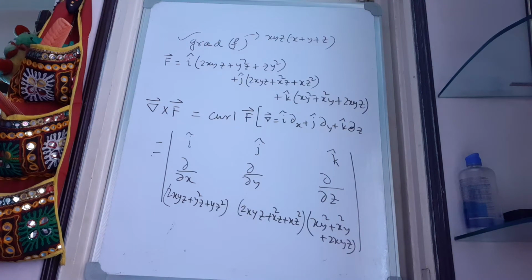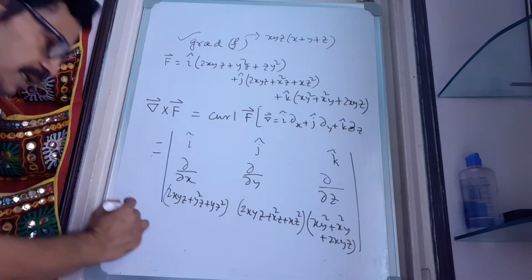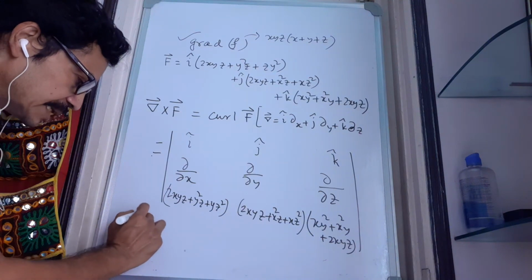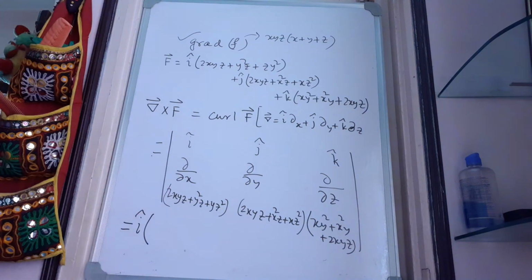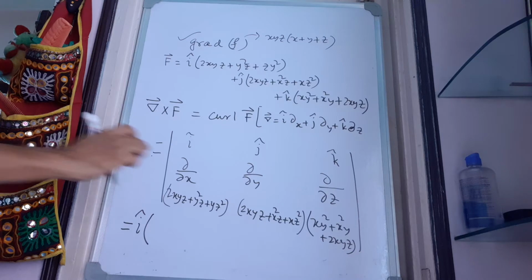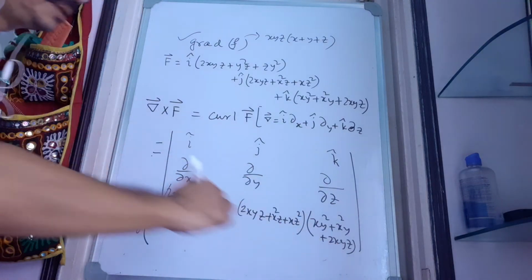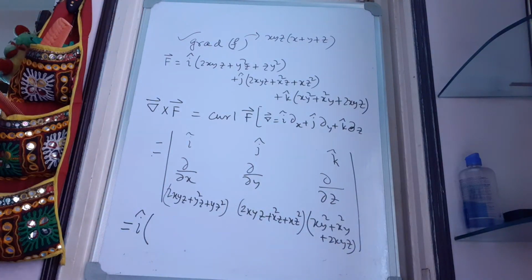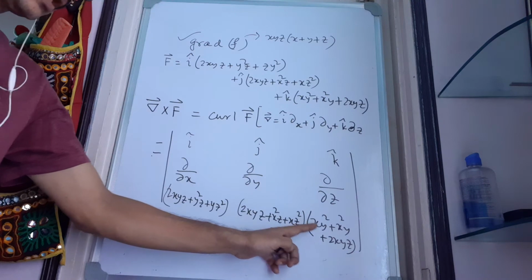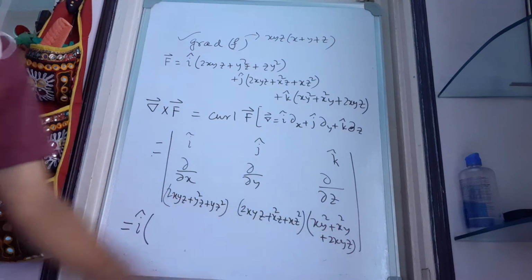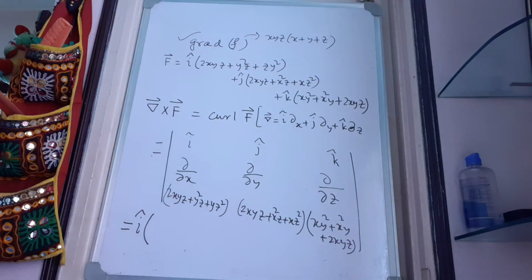When we calculate this determinant, it will be more or less easy, because del/del y of this term gives us 2xy plus x square plus 2xz, is it not so?